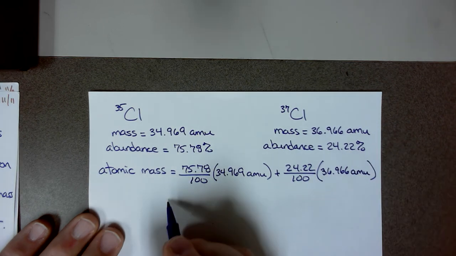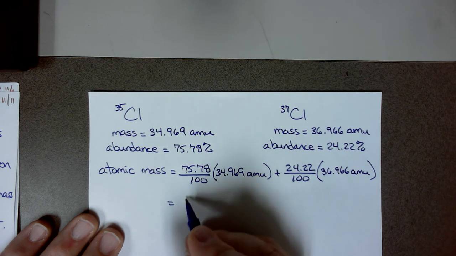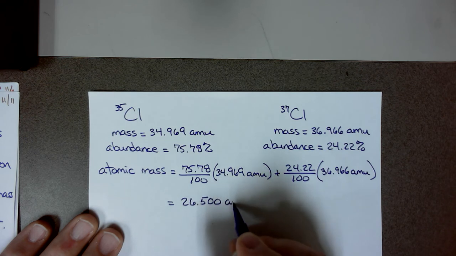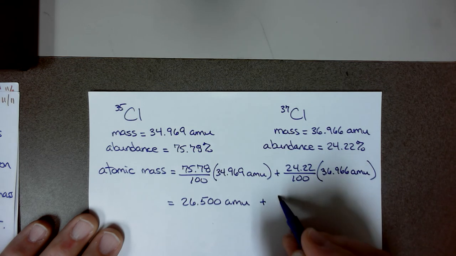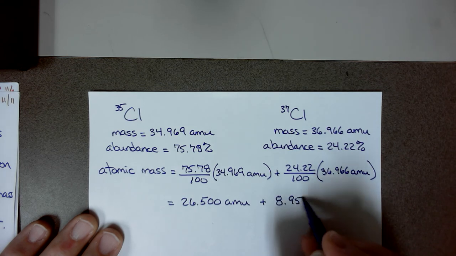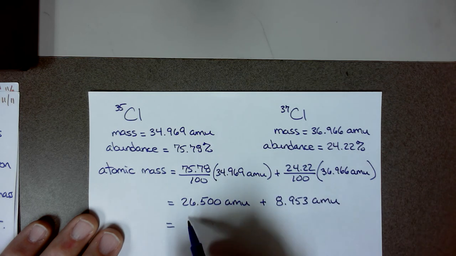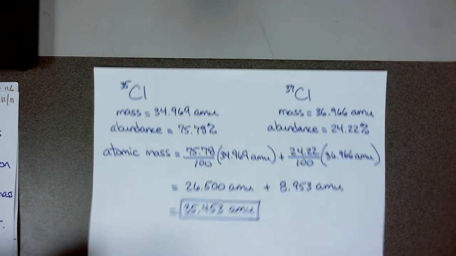When I divide and multiply, I'll get 26.500 AMU for the first, and this one will come out to be 8.953 AMUs. And so when we add those two, you get 35.453 atomic mass units. And that is the average atomic mass of chlorine.